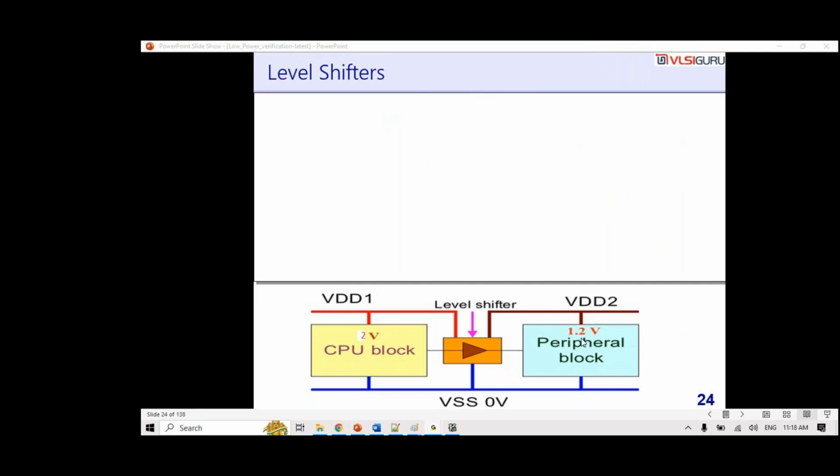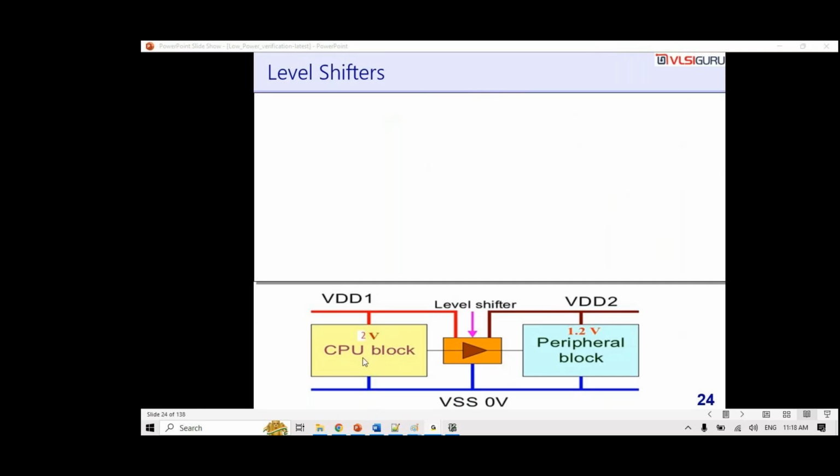I have a peripheral block which is working on 1.2 volts. So this VDD1 is one voltage domain. This VDD2, which is powering the peripheral block, represents another voltage domain. VDD1 is at 2 volts, VDD2 is at 1.2.